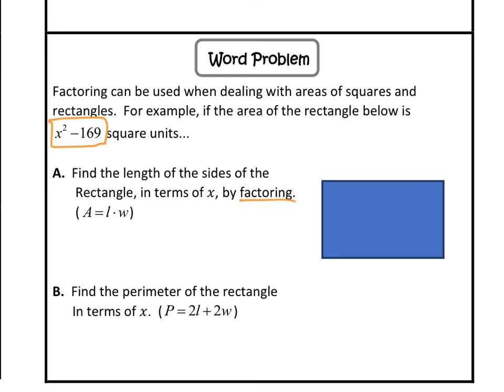It's asking us to factor something. So let's do that. But keep in mind that it says that the area is equal to this. So I can write it in the following way. I can say the area is equal to x squared minus 169. And let's factor this.